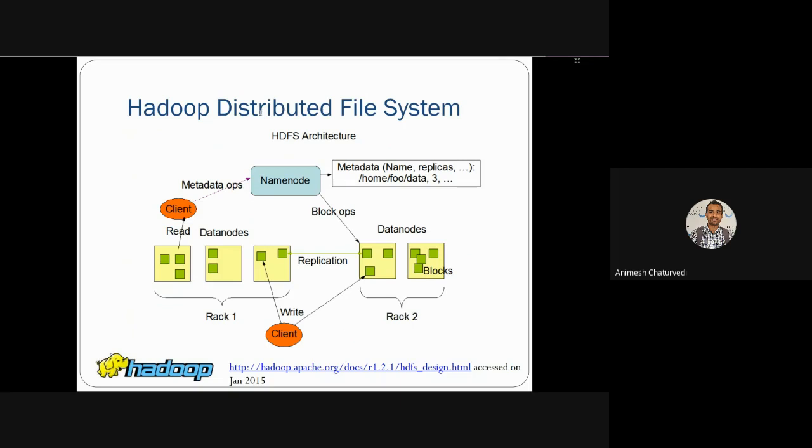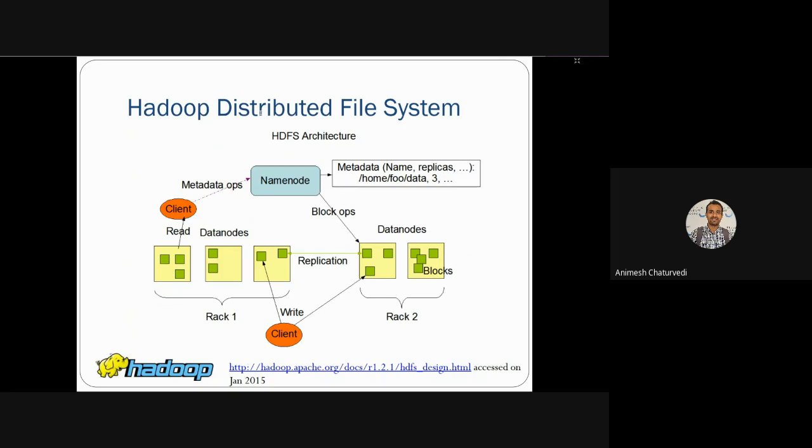And what is meant by replication? Replication means copying a particular block of data into multiple racks of data nodes. You can see rack 1 and rack 2 are there. Suppose rack 1 is kept at Bangalore and rack 2 is kept at Hyderabad. So you keep replicating the same data of Bangalore to Hyderabad.